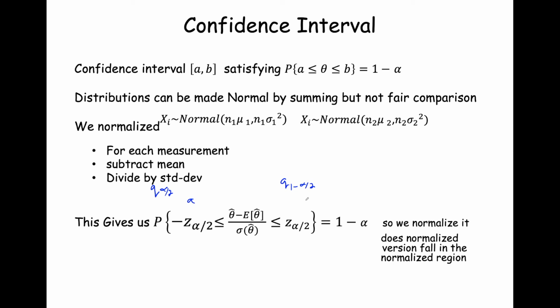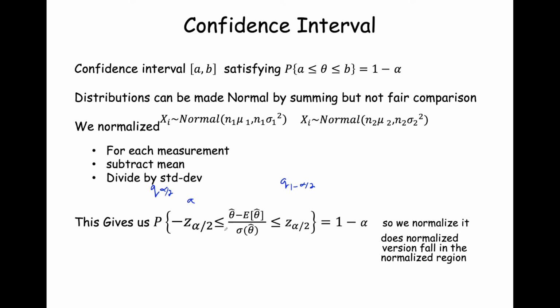Now, of course, this exactly fits what it means to have all of the probability mass between these values equal to 1 minus alpha, because to the left of this minus z value is going to be alpha over 2 proportion. To the right of this positive z value is going to be alpha over 2 proportion. Alpha over 2 plus alpha over 2, that's alpha.